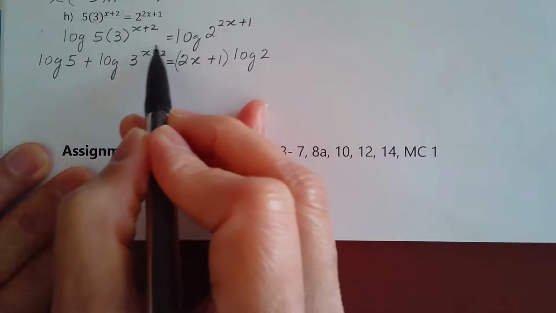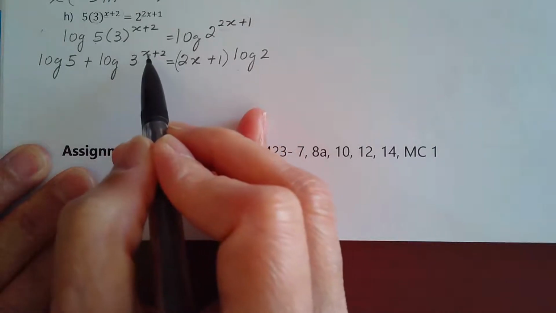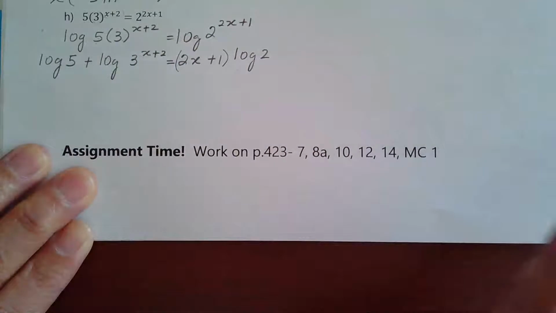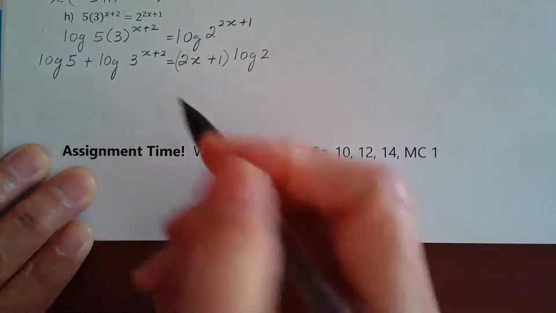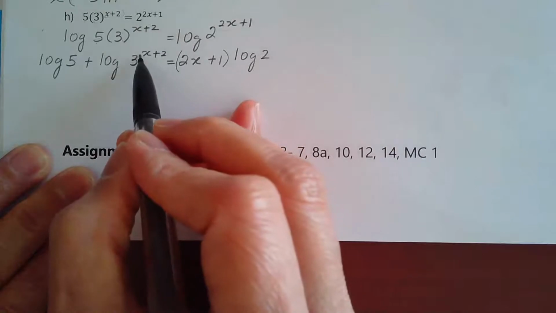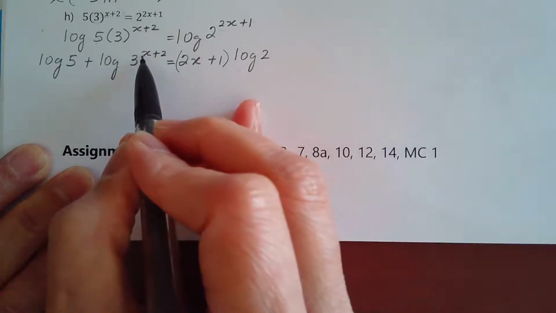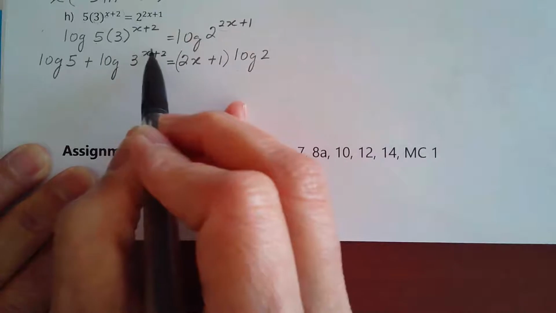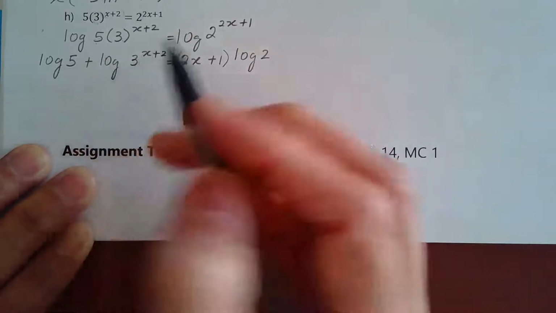Now we can expand this even more. This is the reason why we've been talking about expanding and simplifying logarithms, because we see it in this situation. We can use the law of logarithms again, take the exponent x plus 2 and bring it to the front of logarithm of 3.